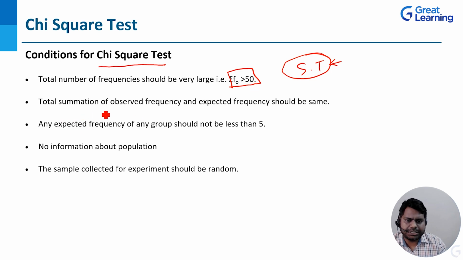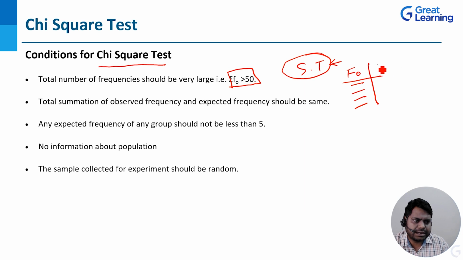The total summation of observed frequency and expected frequency should be the same. So what does it mean? Let's suppose that there are some values for observed frequency and some values for expected frequency. The summation of f of o should always be equal to the summation of expected frequency.